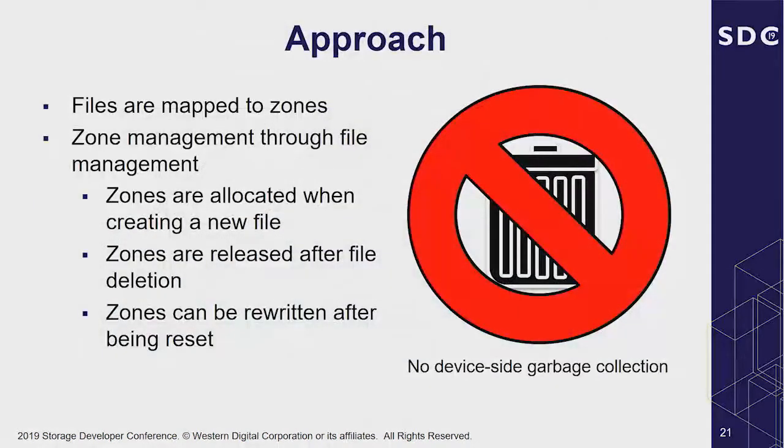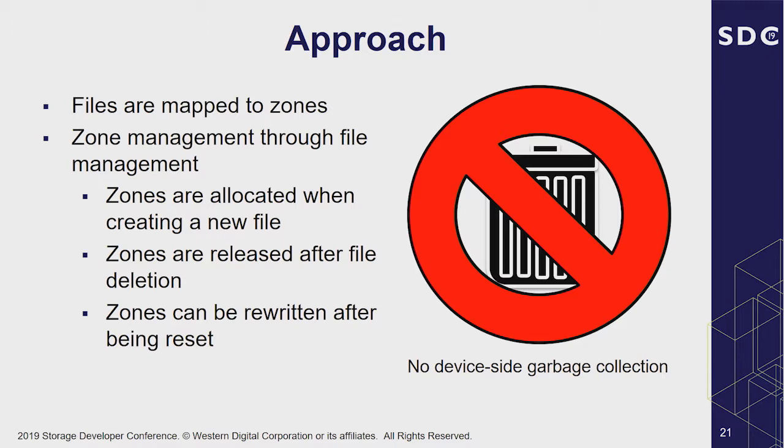So to sum up the approach, we map files to zones. So we do zone management through file management. Zones are allocated when creating a new file, and zones are released after file deletion. And zones can be rewritten after being reset. And that means that we don't do any garbage collection within RocksDB.